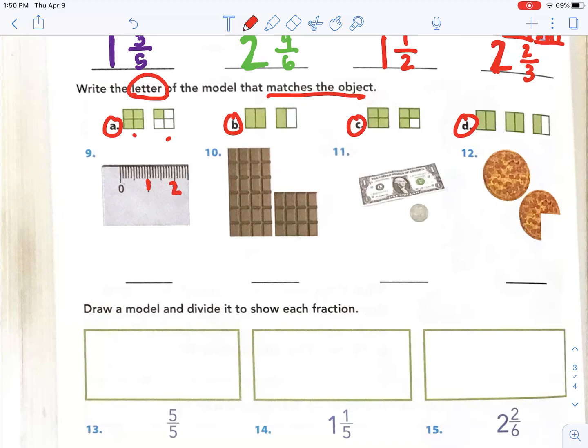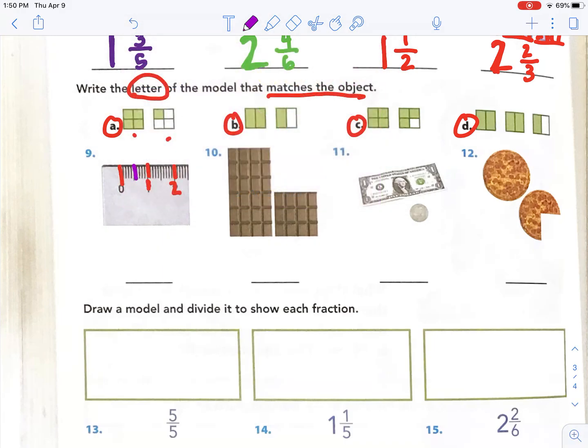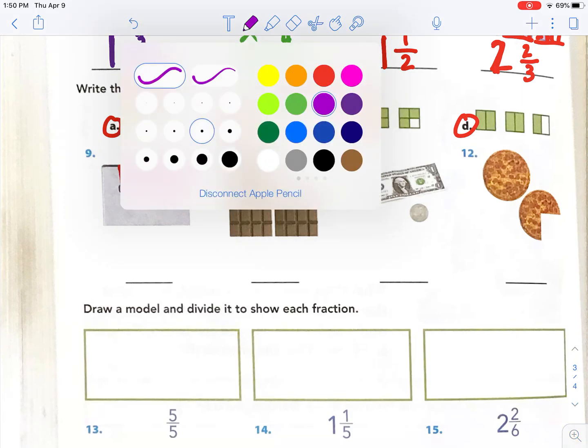So we have 1, 2 whole inches. And I will show you, this one's the trickiest of them all. So there's 1, there's 2, and this line, I'm going to switch colors so you can see it a little bit better. This line right here is halfway between 1 and 2. So that is called a half, right? So here is 2.